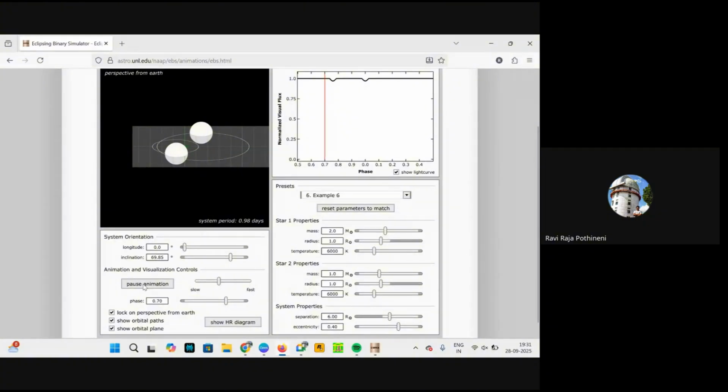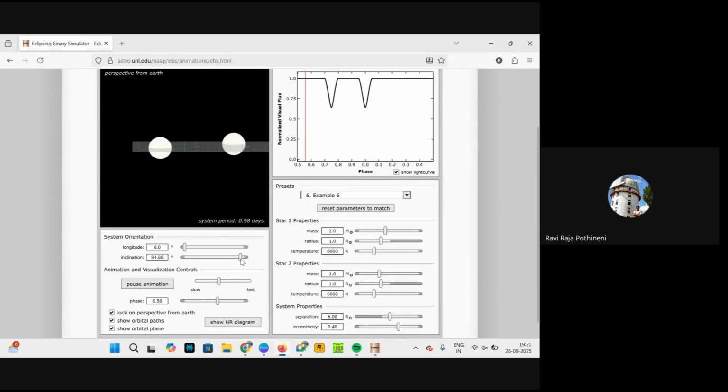If you look at this, since the inclination is not 90 degrees, during eclipses the light you receive is actually from both the stars. Whenever it is 90 degrees, only then does a total eclipse happen, meaning each of these stars blocks the total light from the other component.